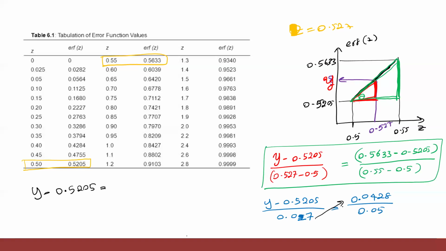So we can take this to that side. So that will be 0. What do we get?